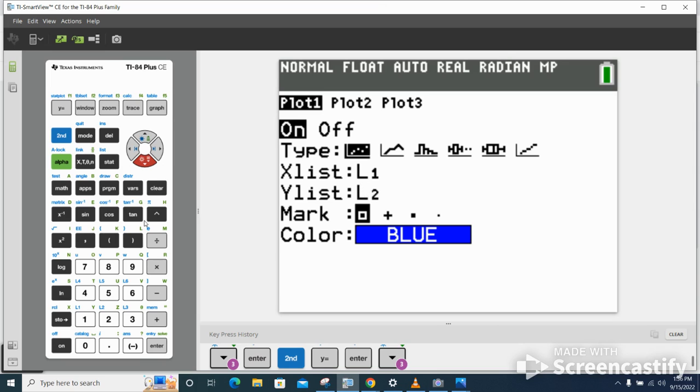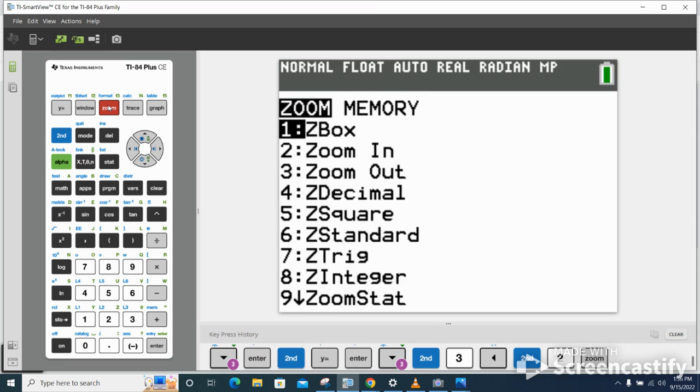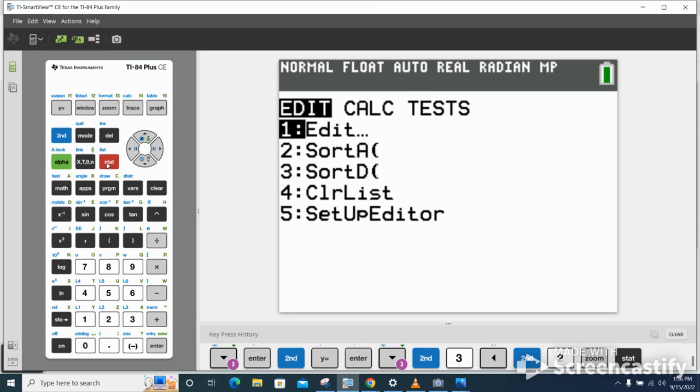Somebody accidentally deleted L2 on his calculator, and then they put in L3 because they put the information in L3. If you ever need to change this, you could just do second and then L3, or I'm going to switch it back to L2. Does that make sense?